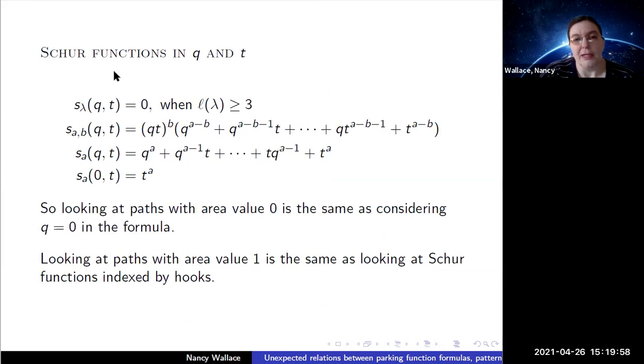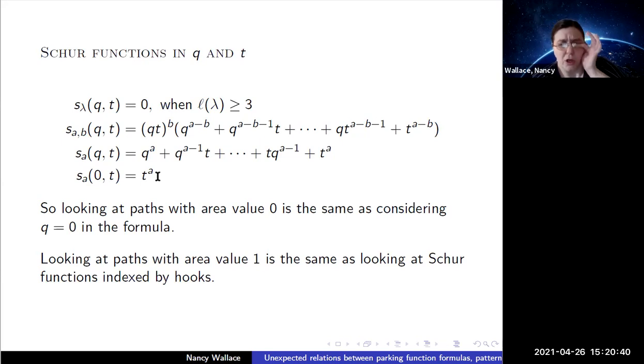So just quickly, for Schur functions in q,t, in the decomposition there's never a partition that has length bigger than 2, because the number of variables has to be higher than the height of the partition. And if you have a 2-part partition for a Schur function, this is the polynomial you get. And if you have a 1-part, this is the polynomial you get. And when you put q equals 0, you get just this part.